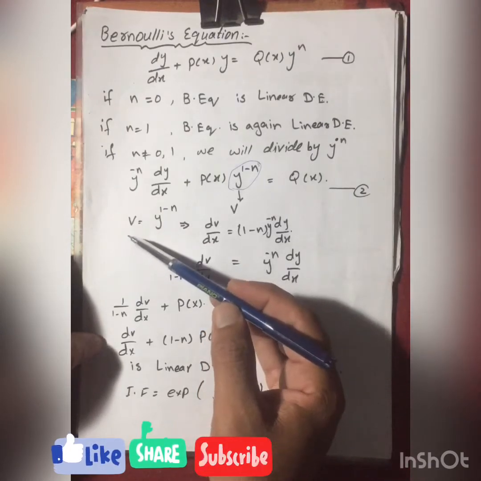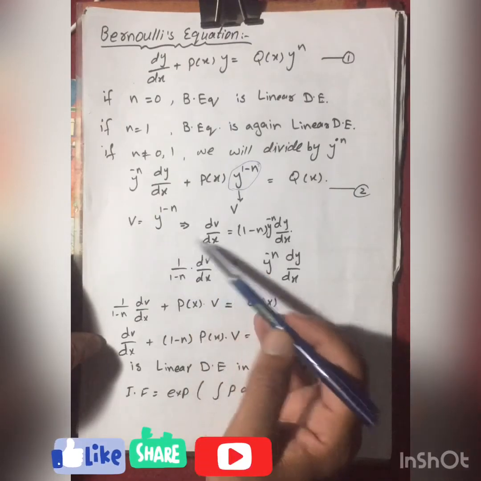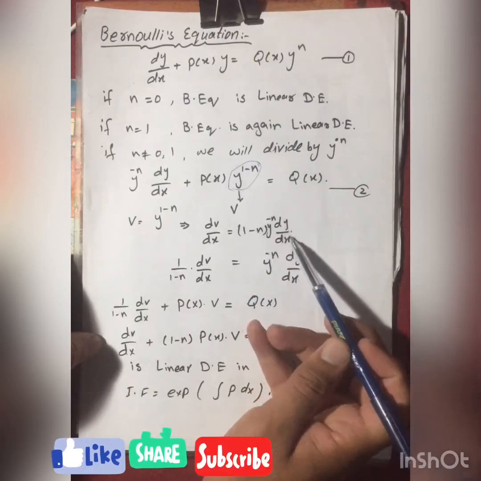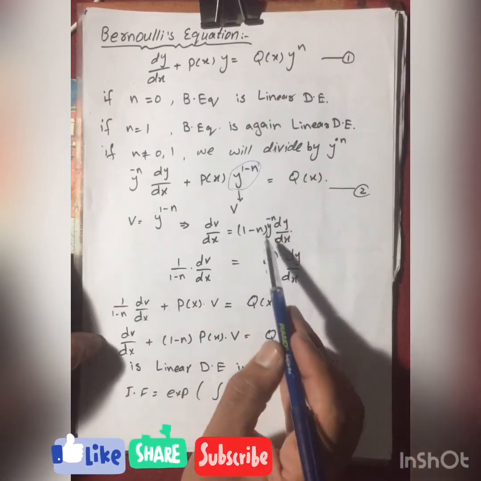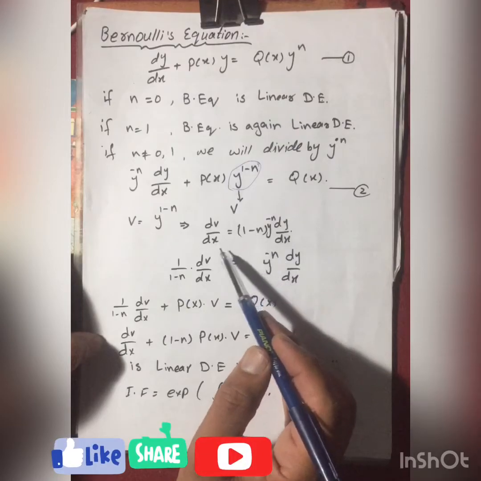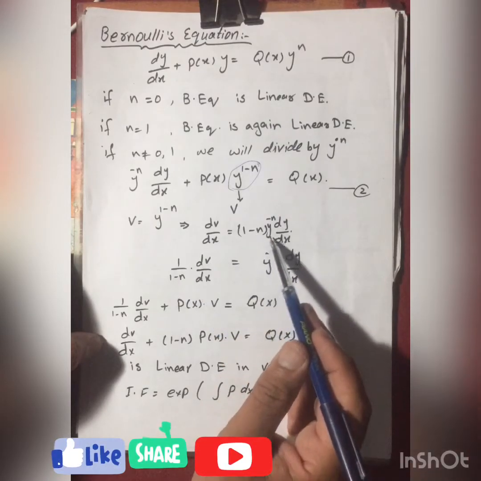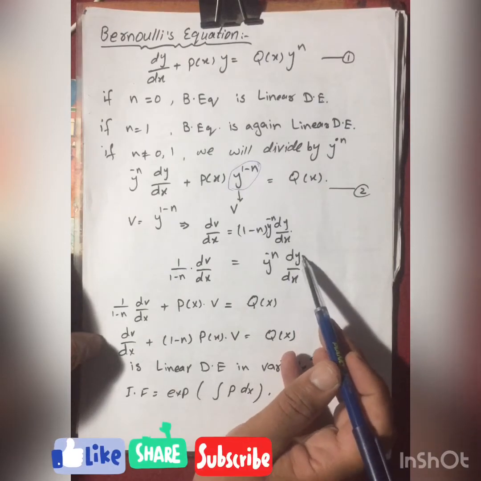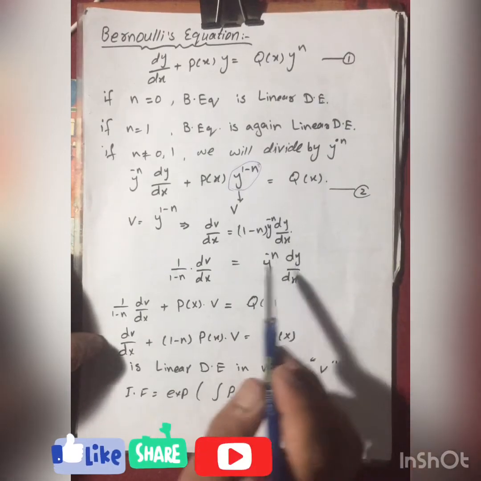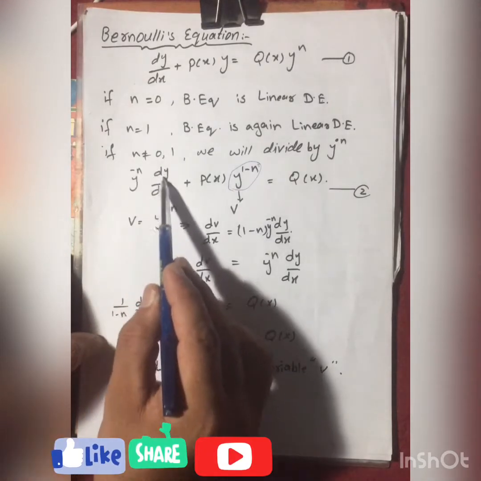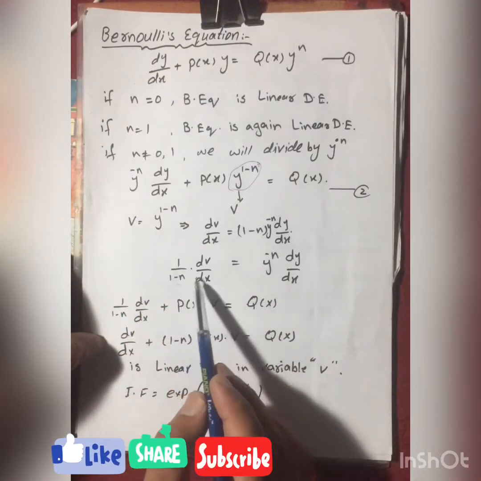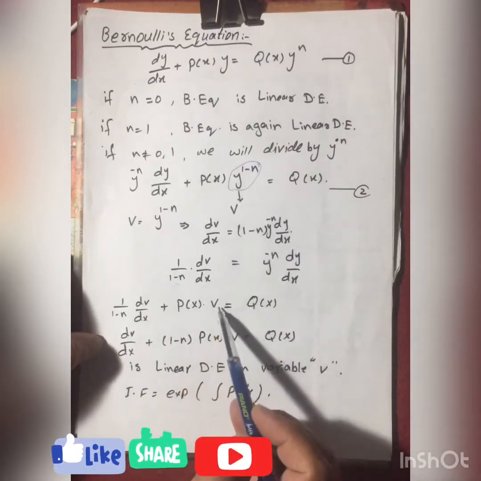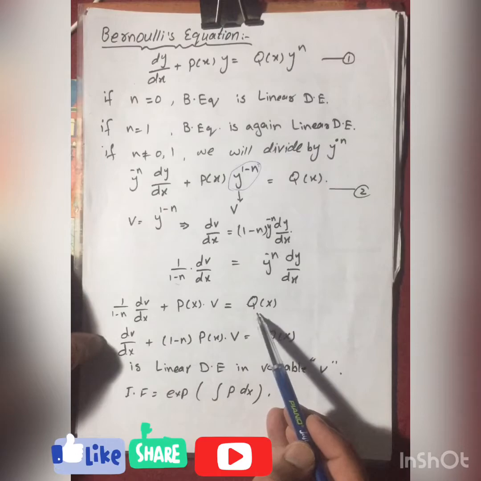Then we differentiate this with respect to x: dv/dx equals (1 minus n) y raised to power minus n dy/dx. Dividing by 1 minus n, we get y^(-n) dy/dx, which is the left hand side term of equation 1, equal to 1 over (1 minus n) dv/dx. Plus p(x) v equals q(x).